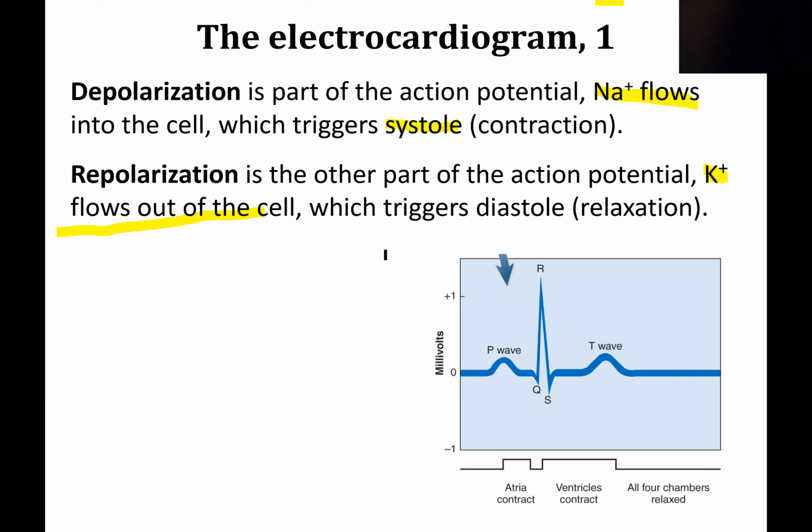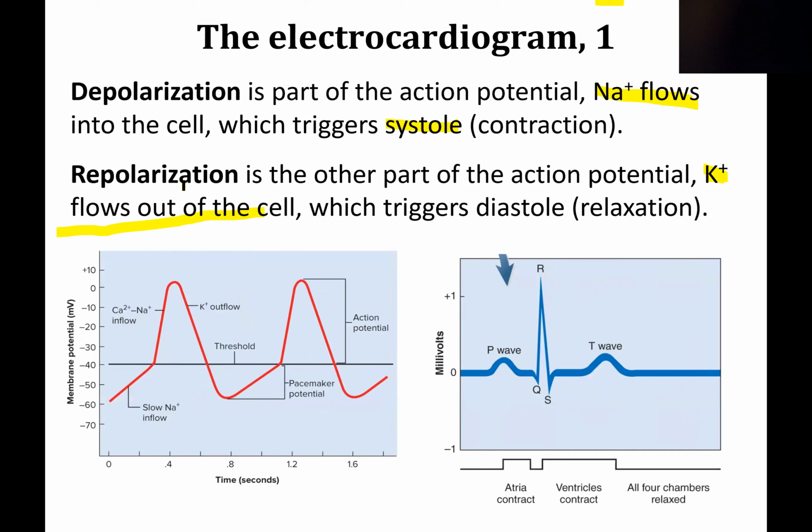And so that's going to trigger diastole. Okay, so here you can see sodium going in, potassium coming out for the action potential. This is a measurement of those in the heart tissue.